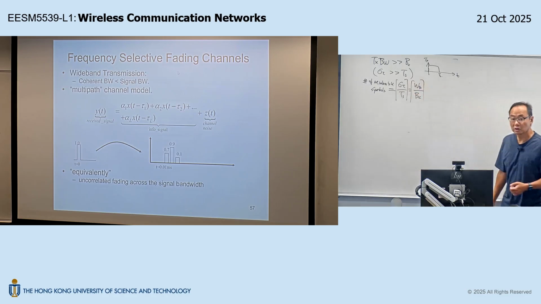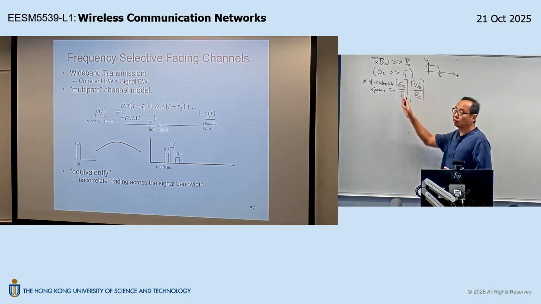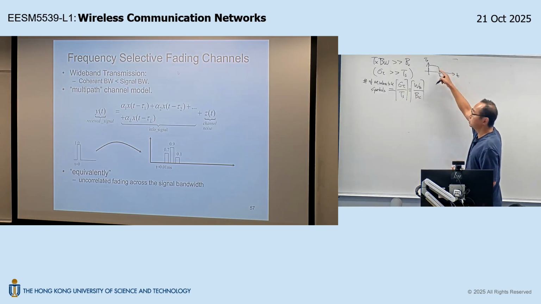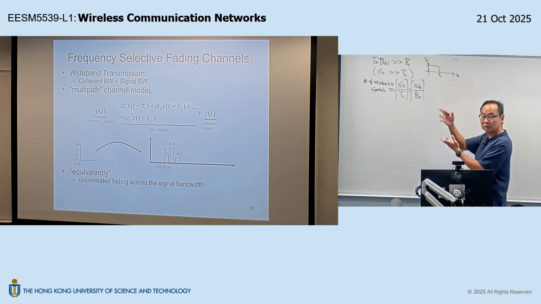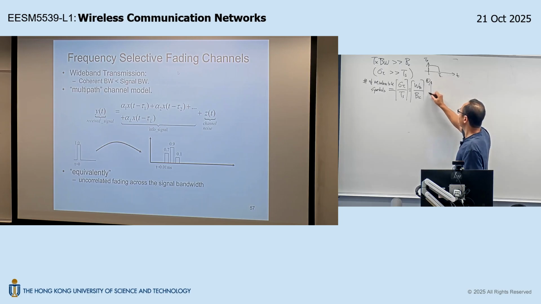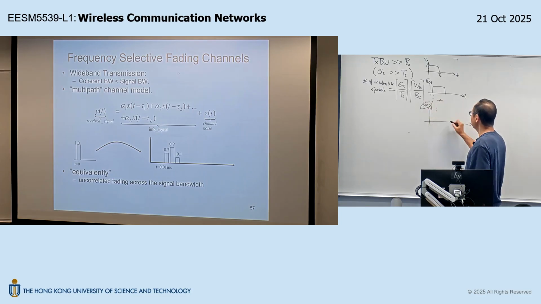Okay? So for example, if the delay spread is like 4 times the symbol duration, that means after you transmit this symbol over the multipath, let's say 1,000 physical multipaths, the first path may give you a symbol here, and then the 1,000th path may end up having a delay of, I don't know, 4 times that.